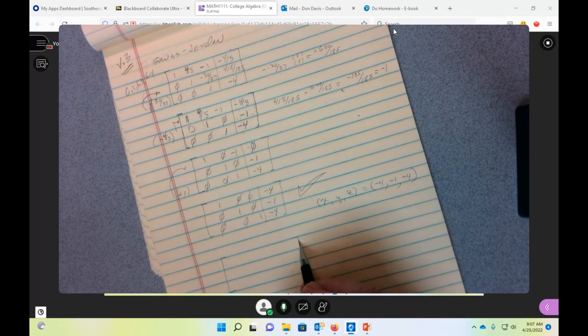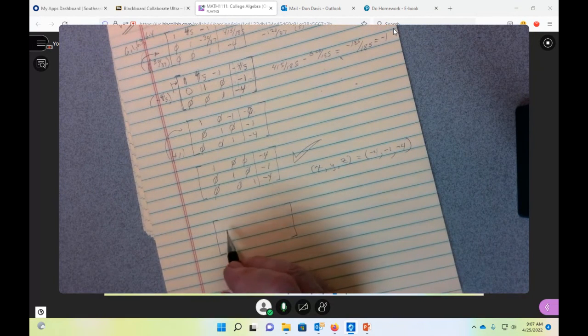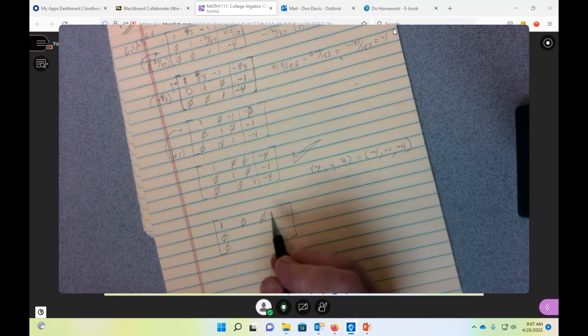Now, I'm going to highlight this just a little. So this is a 1, this is a 0, this is a 0, this is a 0, this is a 0. There's a value here of -4. This is a 1, this is a 0. There's a value here of -4.